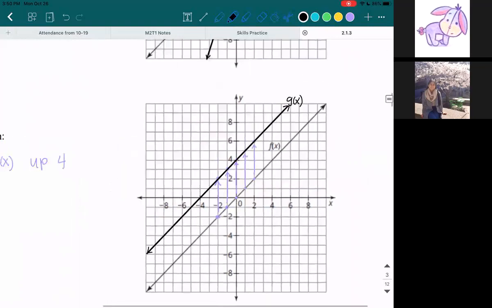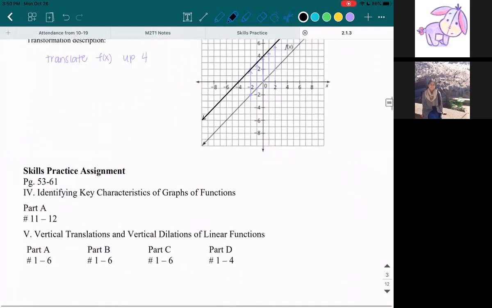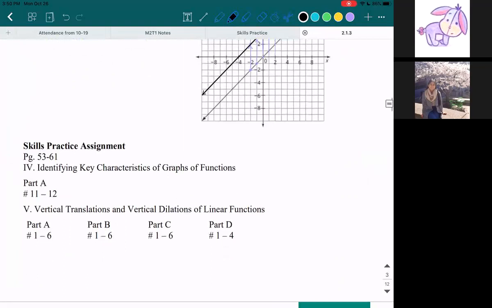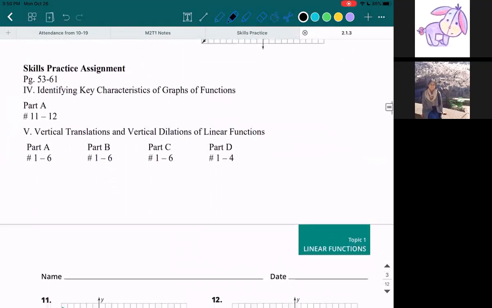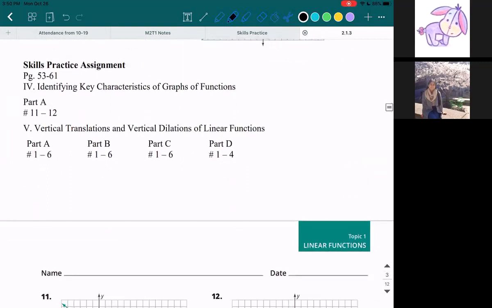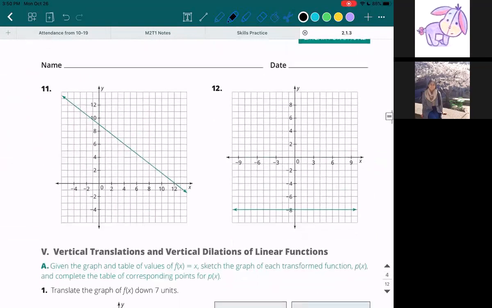So now that we have finished all the example problems for this worksheet, we have the skills practice assignment. So we do part A from 11 to 12, and then part A 1 through 6, part B 1 through 6, part C 1 through 6, and part D 1 through 4. So starting over here.